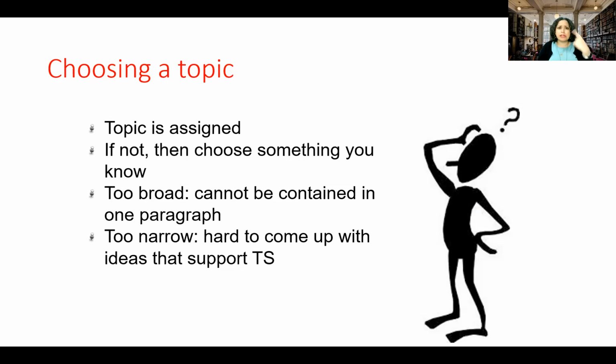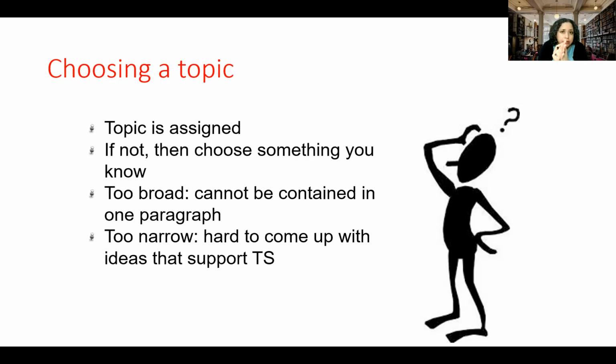So the topic is assigned. If you don't have a topic, then you need to choose something that you know in terms of the general topic. If it is too broad, too general, it cannot be contained in one paragraph. Then you're going to write 2, 3, 4, 5, 10, or hundreds of different paragraphs.